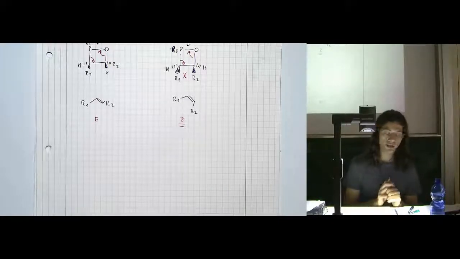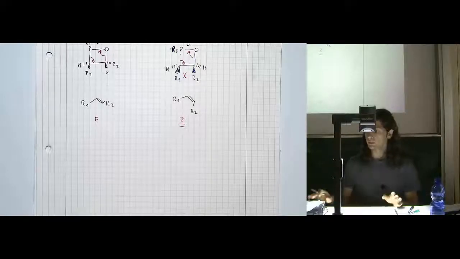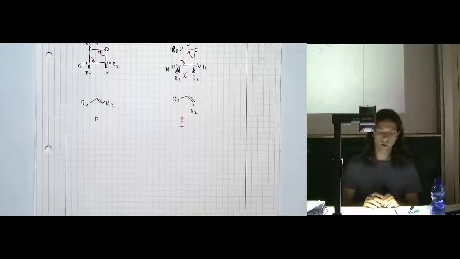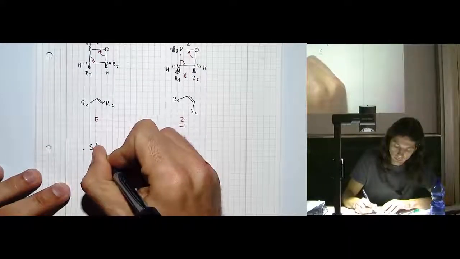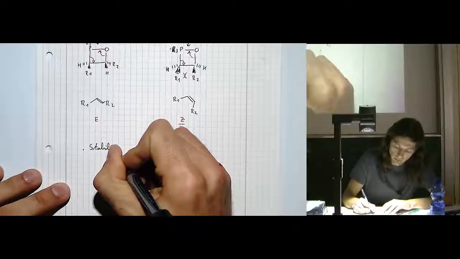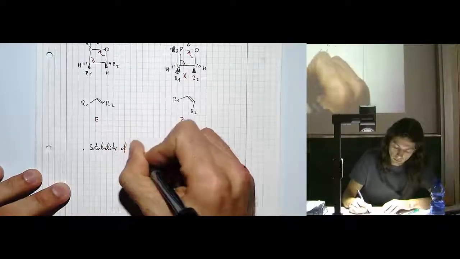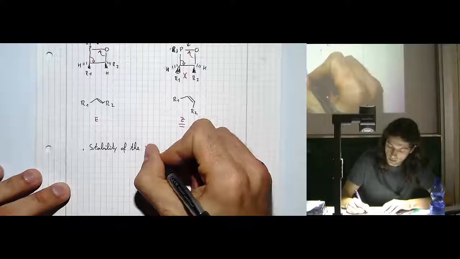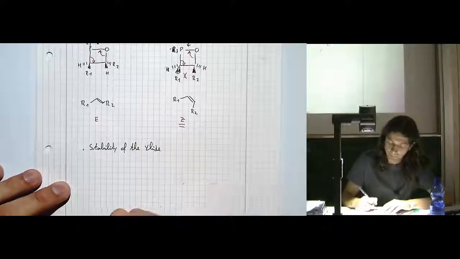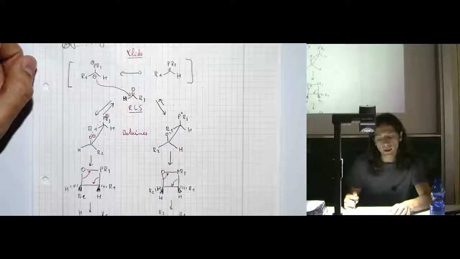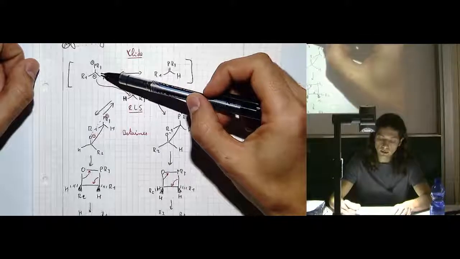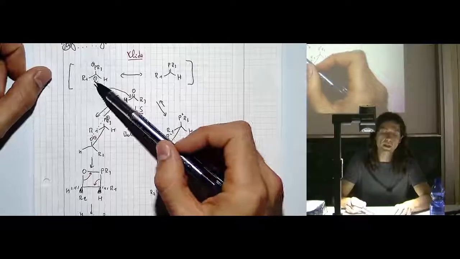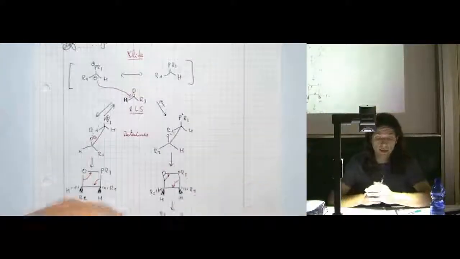So the factors that are important are, first of all, the stability of the ylide. If we go back to the whole mechanism, of course, R groups are one group that stabilize this charged species.